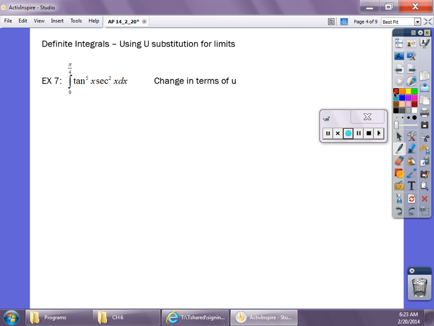You have to identify your u, and remember, secant squared x happens to be tangent x's derivative. So you want to use u to be tangent of x. If u is tangent of x, then du dx is equal to secant squared x, which, remember, if I take my highlighter, my derivative needs to be multiplied by dx in the problem.